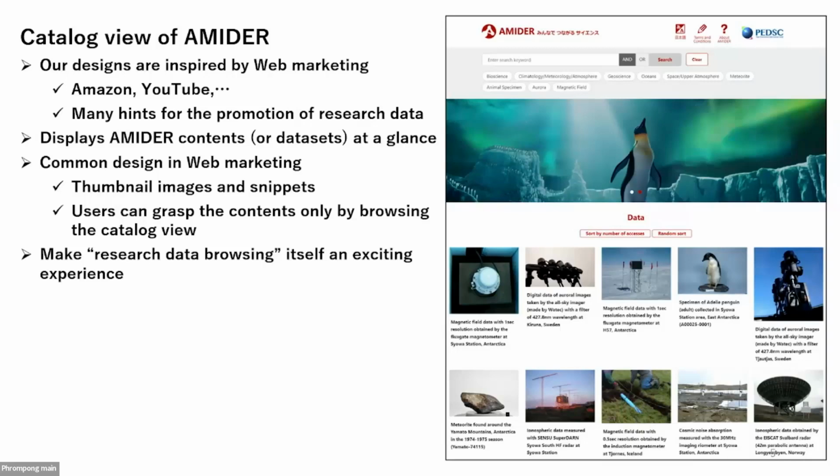We use a common design, consisting of thumbnail images and snippets. Snippet is a title and short description. For research data, we can imagine the contents at a glance by this page. So users can browse the contents only by browsing the catalog view, and we hope it will make the research data browsing itself exciting.